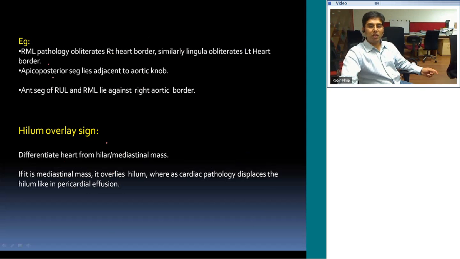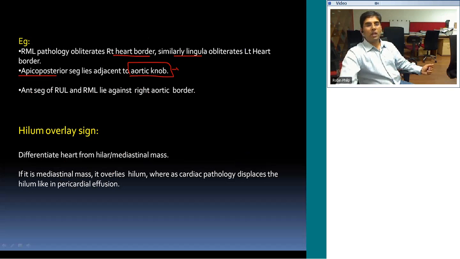And the other is the lingular border, which is in close contact with the left heart border. So if you see any lingular pathology, the left heart border will be obscured, and the apicoposterior segment lies close to the aortic arch. So if there's any pathology in this apicoposterior segment of the left upper lobe, you will see the aortic knob obliterated.